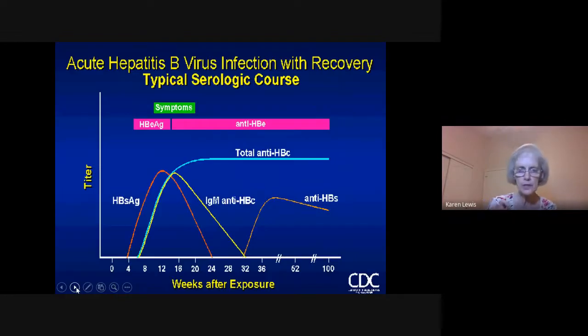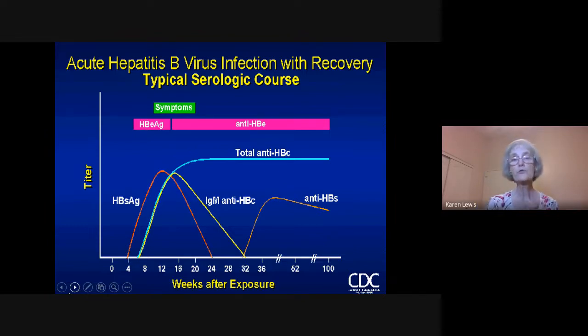When you first get infected with hepatitis B, the virus is replicating, so you get a lot of hepatitis B surface antigen. And that's the red line going up. And also the hepatitis B e antigen, as I mentioned. And then as the body clears the infection, the hepatitis B surface antigen goes away, and the hepatitis B e antigen goes away.